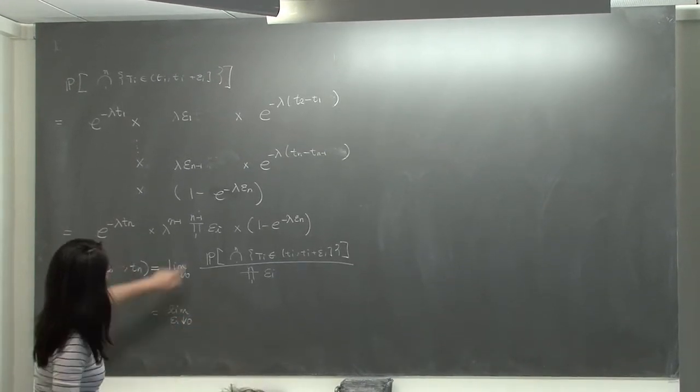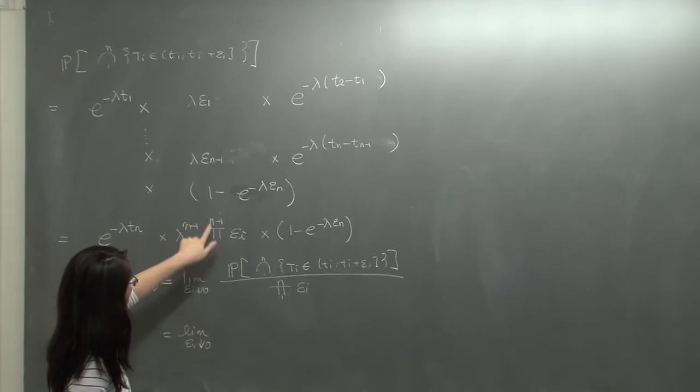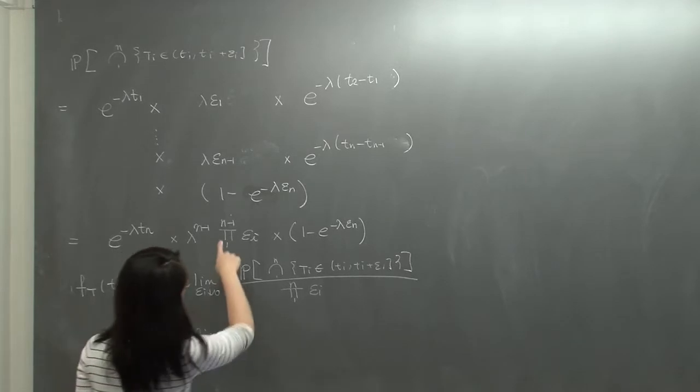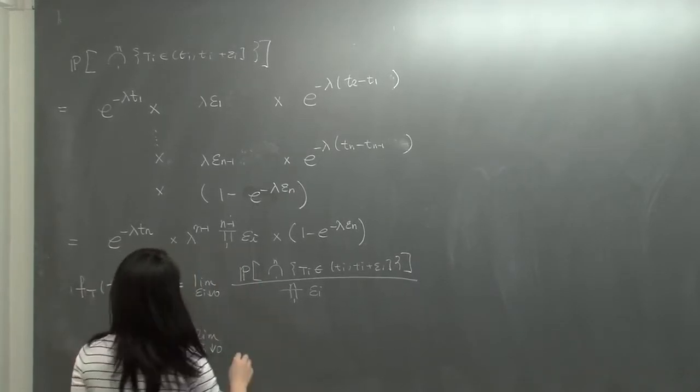Here we see this is the product from 1 to n minus 1, and here is the product from 1 to n, so they cancel for the first n minus 1 terms.